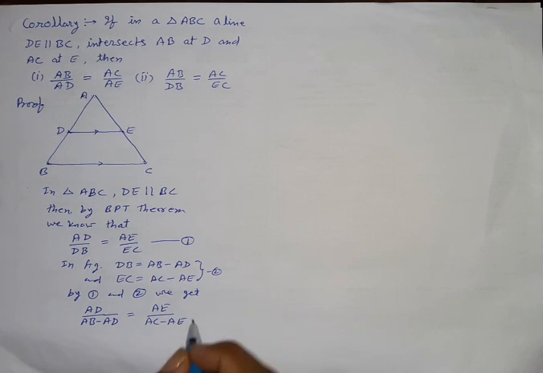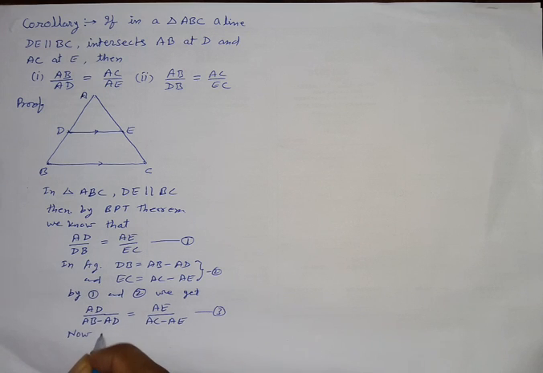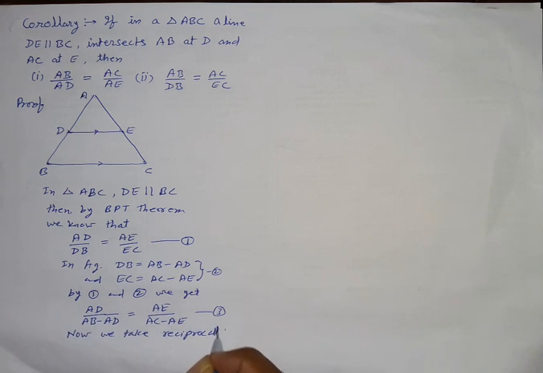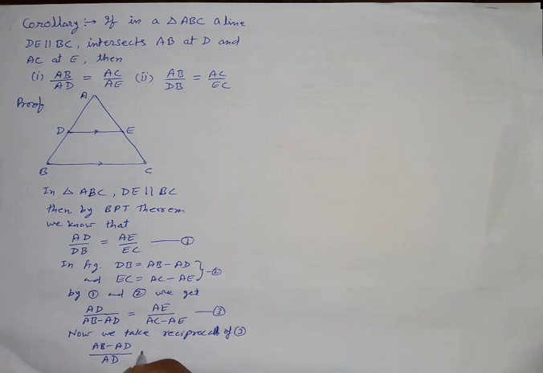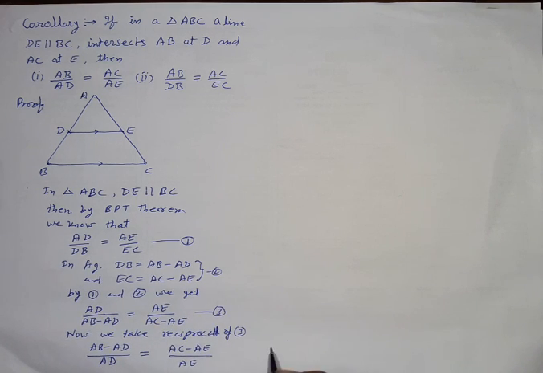And we take the reciprocal of this equation. Now we take the reciprocal of this, AB minus AD upon AD is equal to AC minus AE upon AE.